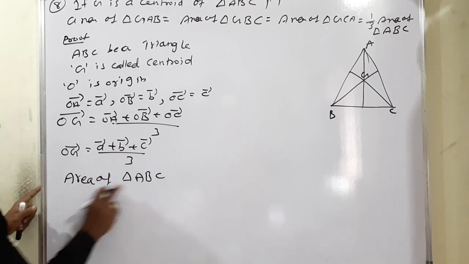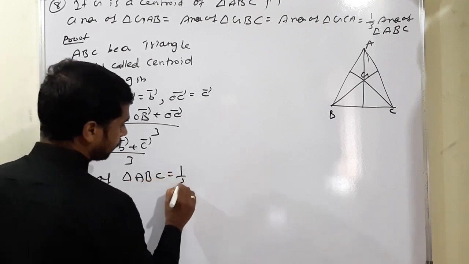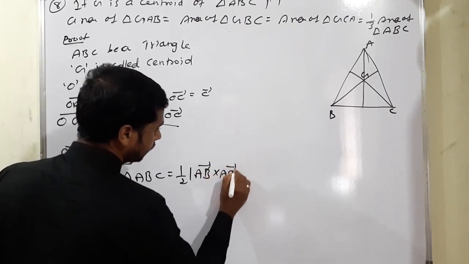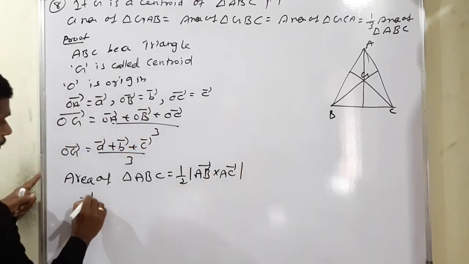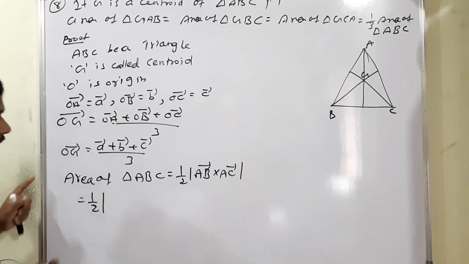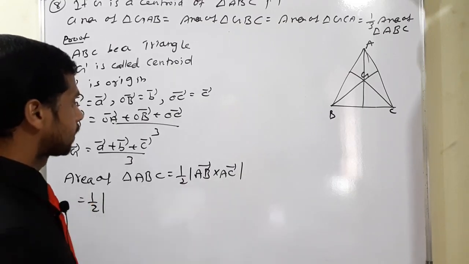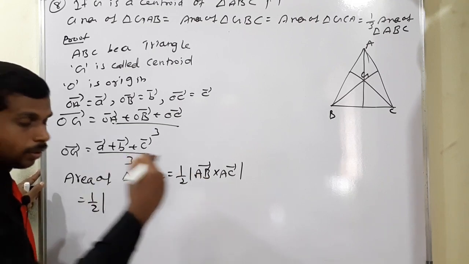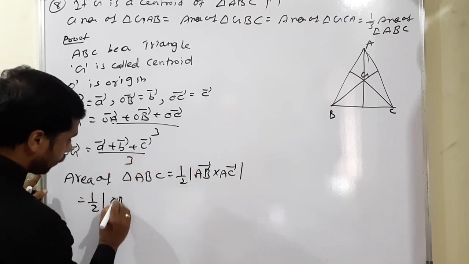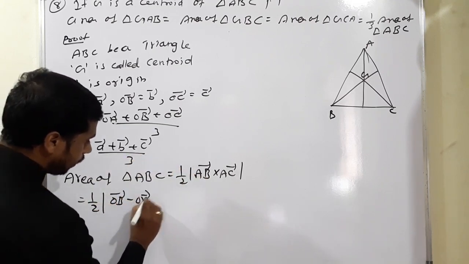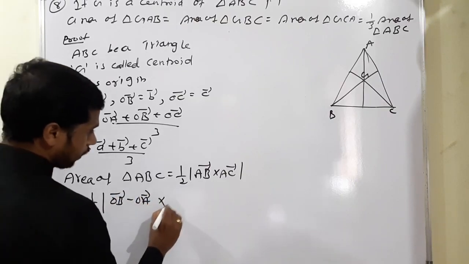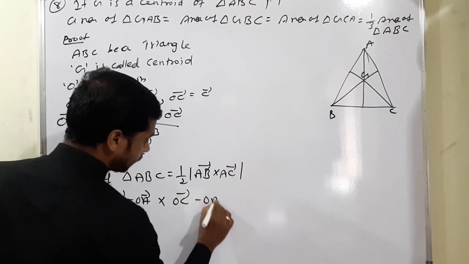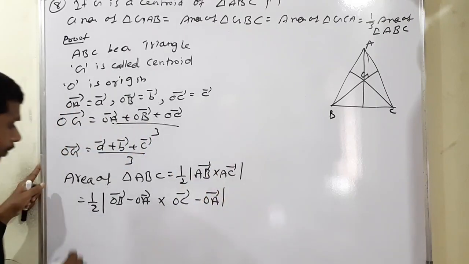Now area of triangle ABC is 1/2 modulus of AB vector cross AC vector. Position vector means ending point minus starting point. Therefore, we can write OB vector minus OA vector, again cross AC, which is OC vector minus OA vector.